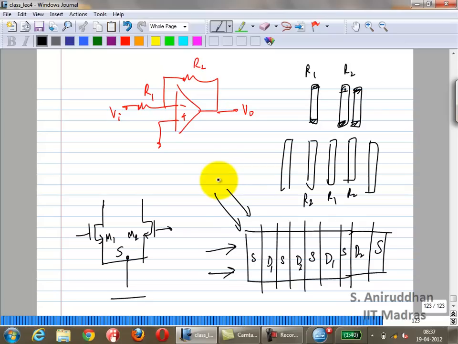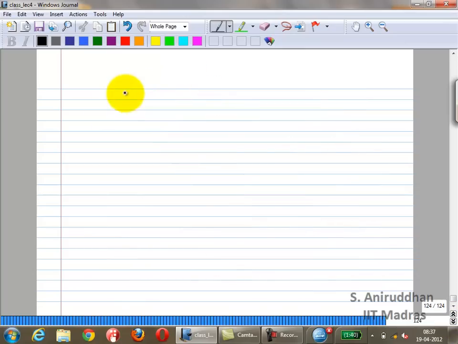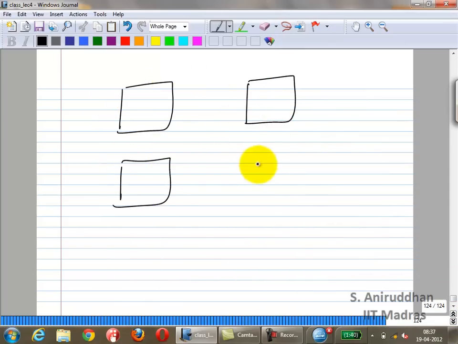Can you do better? So one way to do better is to do this. Right? You can split it up into two sets of devices. Actually, so this is called a common centroid layout.